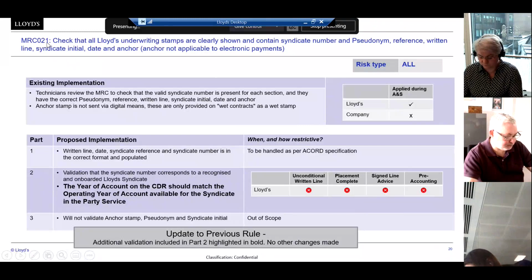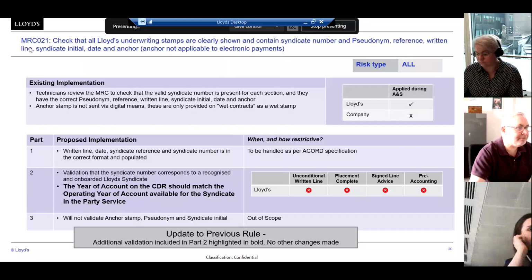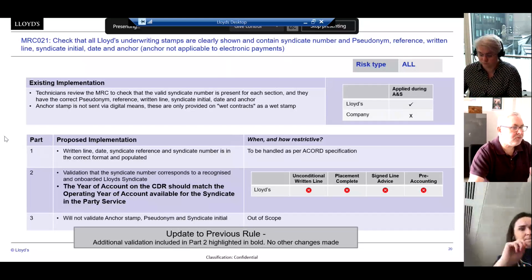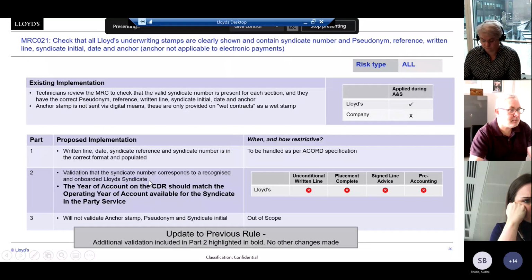This was related to MRC 21, which we presented last December. At that point, we were validating that the syndicate number which comes in the CDR is an onboarded Lloyd's syndicate, present in the Lloyd's system, and a recognized syndicate.